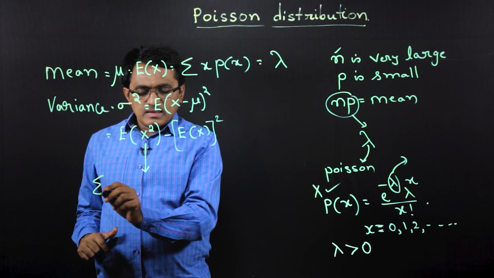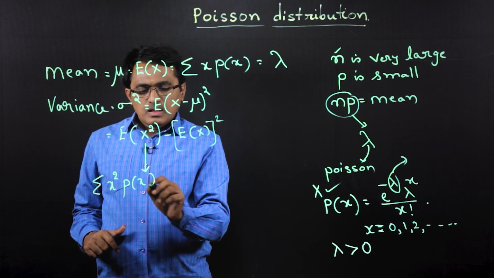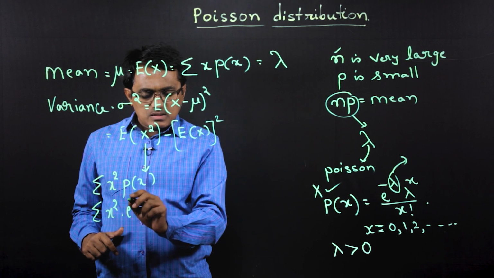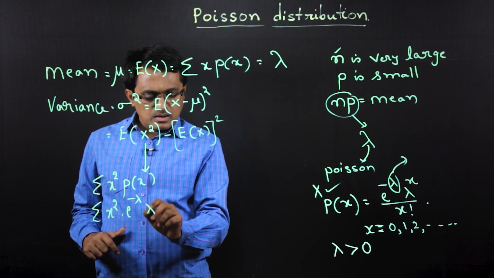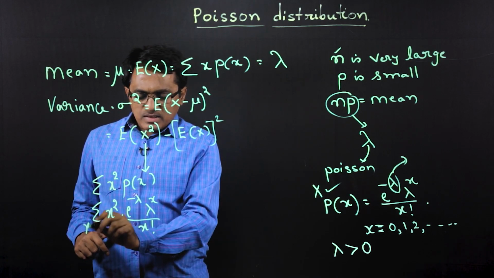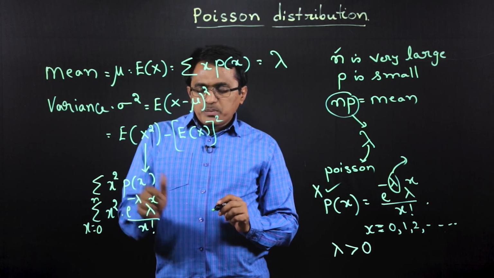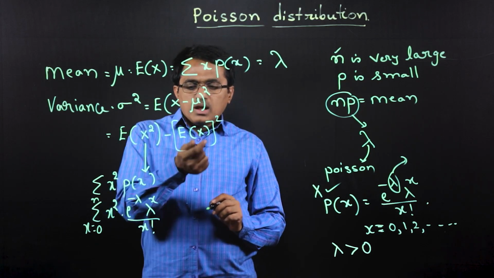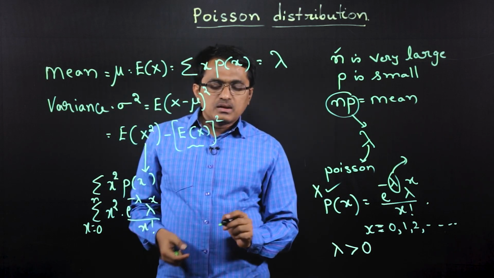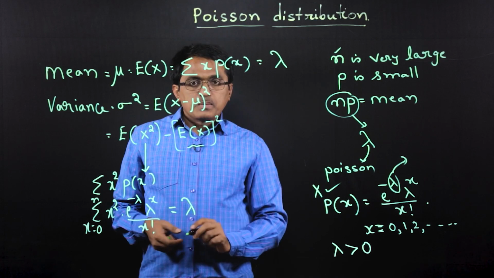It is nothing but x square into p of x, where p of x for this distribution is e power minus lambda, lambda power x by x factorial. If we simplify the expectation of x square and plug in the value of expectation of x, which is already known, that is lambda, then we will get the variance of the distribution, which is lambda.